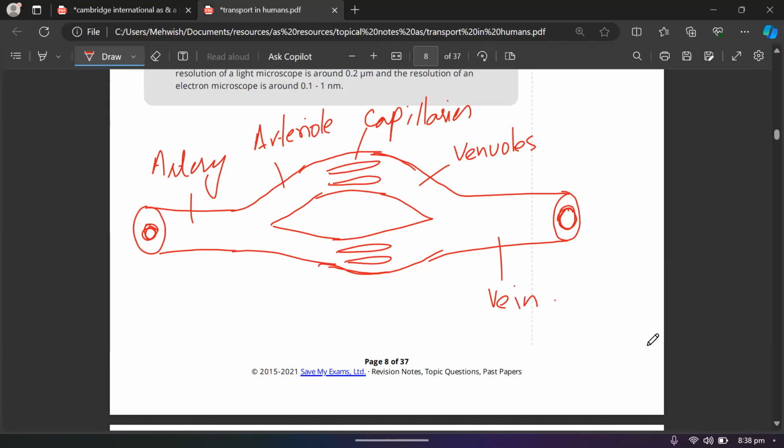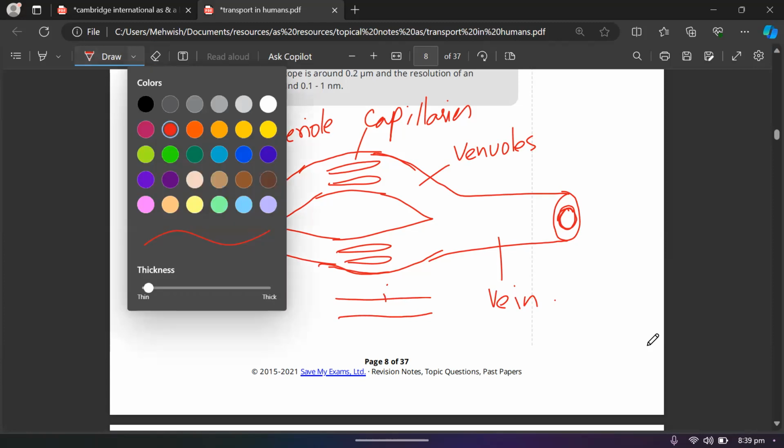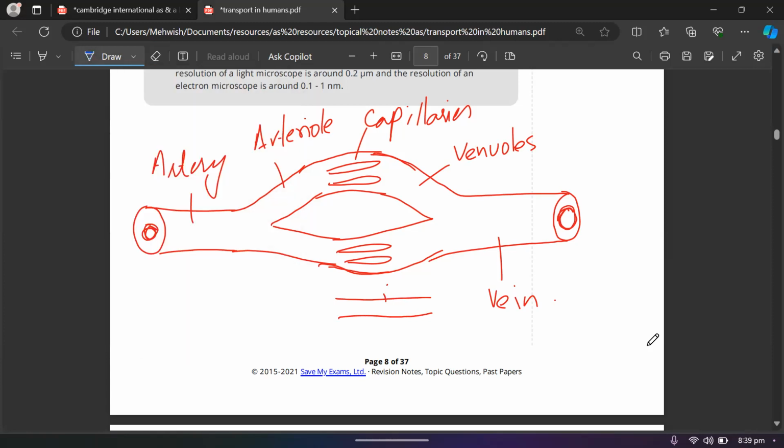Now, if you see this capillary bed, let's suppose this is a capillary, right? And this capillary is further divided into two regions. The region that is present near to the arteries, this side, will be called the arterial capillary bed.